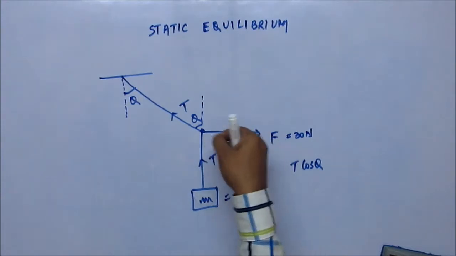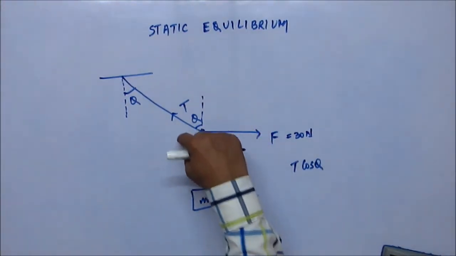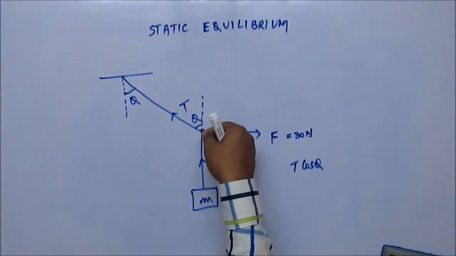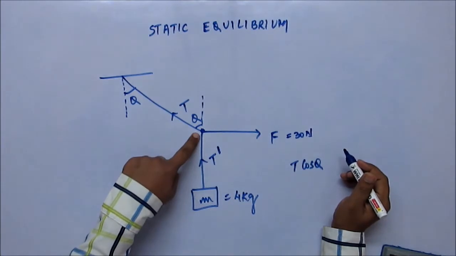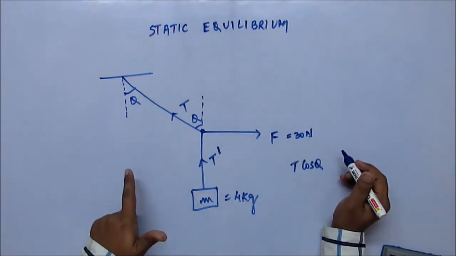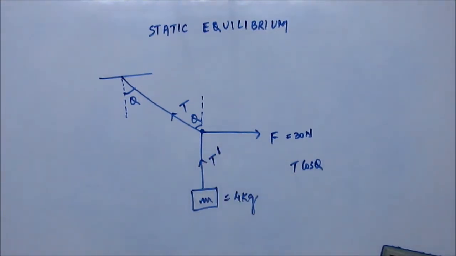Somebody is plucking it by his finger and there is a difference. So the tension won't be transmitted to the other side easily, because there is some barrier. When you have a knot or a barrier on a rope, then the tension no more remains the same. It could be, it may not be. In this case, it will not be.